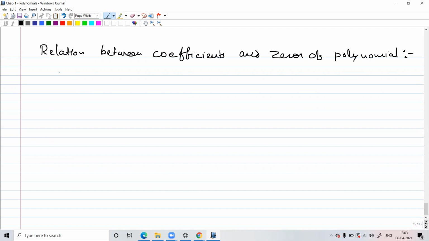I'll explain what this means. Okay. So first of all, let's take a linear polynomial. One of you, anyone tell me what is the standard form of a linear polynomial? ax plus b, absolutely right.